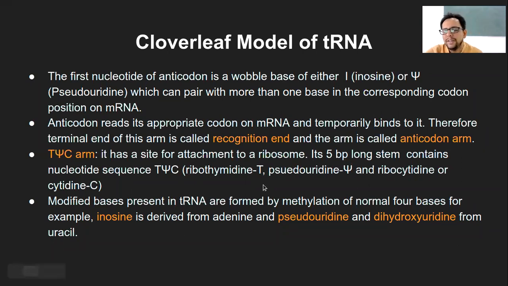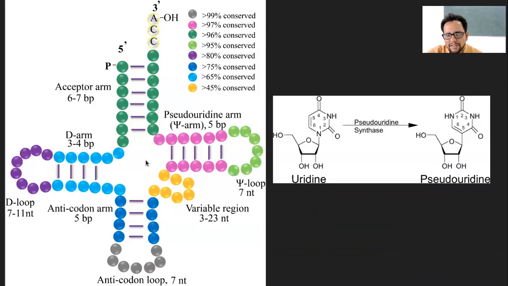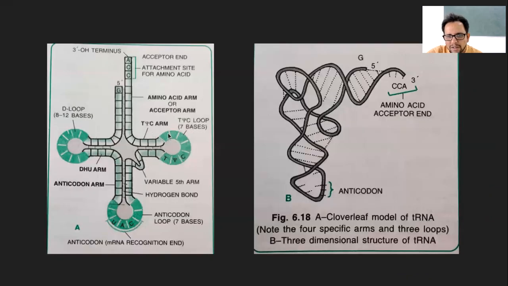That's why it has to have a site for attachment to a ribosome, and that is present with these three nucleotides. It has a 5 base pair long stem and contains the nucleotides T, ribothymidine, pseudouridine, and cytidine, right? So this T, psi, C sequence is present in this arm. This is the T psi C loop. It has this arm, or you can call it a stem. We will talk about the variable arm later; as of now, we skip that part.